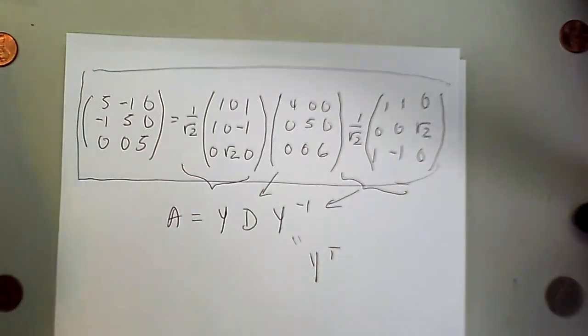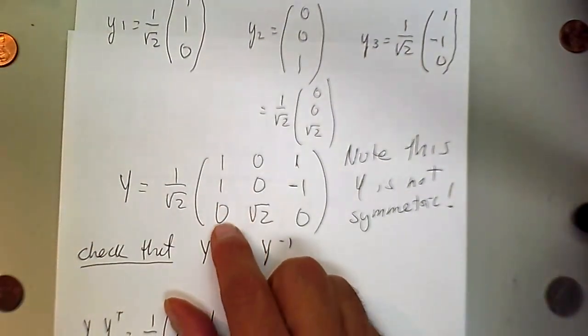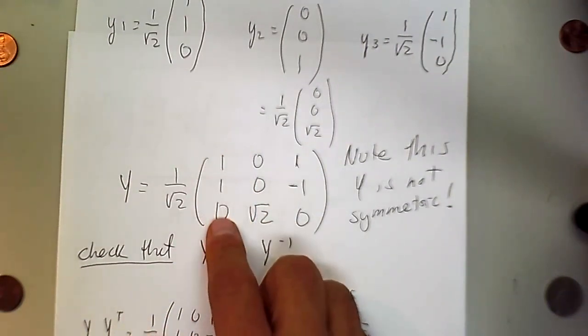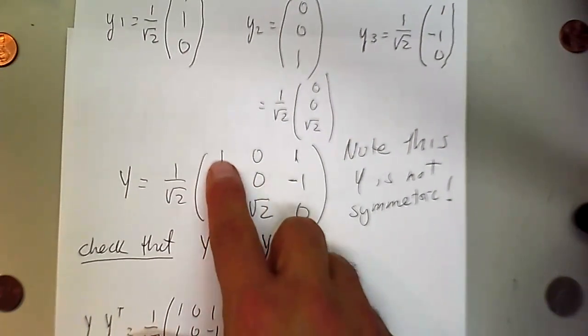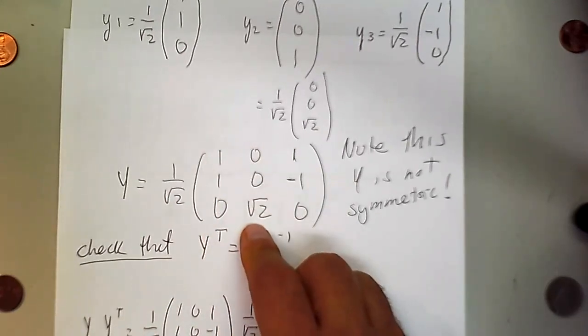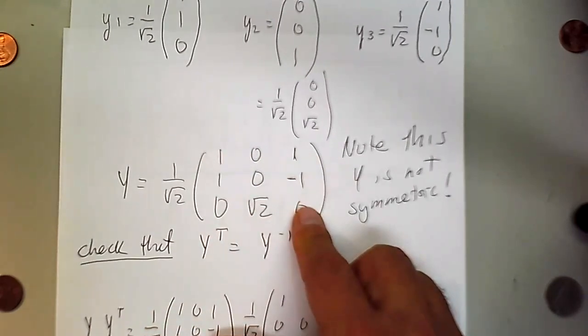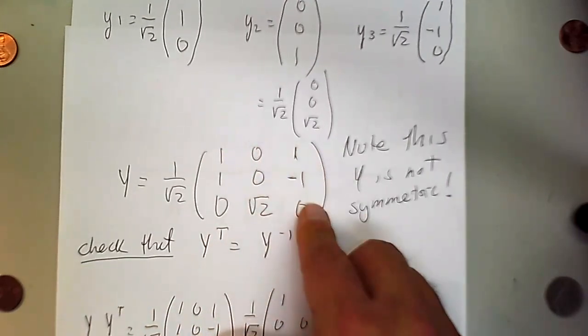Let me just check one quick thing with you guys. This matrix is orthogonal because the length of each one of the vectors is 1. But in addition, if you dot this column vector with this column vector, you get 0. If you dot this vector with this vector, you get 0. This vector with this vector gives you 0.